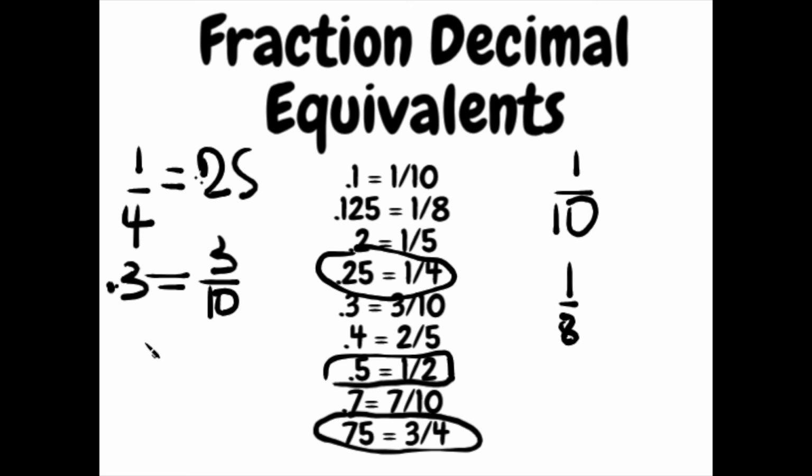And if I gave you 0.2, and let's say that you didn't have these values memorized, and you wanted to put that into a fraction form, you would just remember that you can rewrite that as 2/10. Now you can simplify that down into 1/5 if you want, but I just want to show you that.